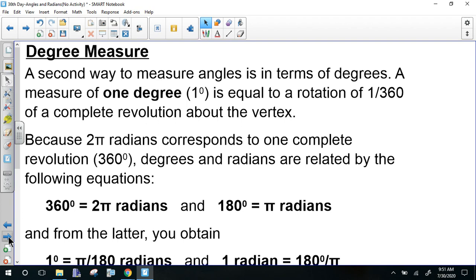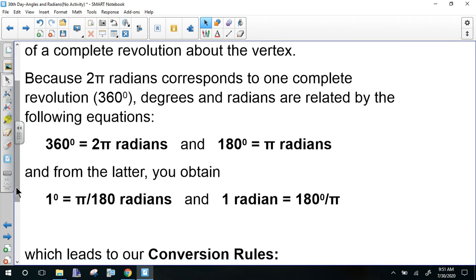Since 2 pi radians corresponds to 1 complete revolution of 360 degrees, degrees and radians are related. And they're related by these two equations here. 360 degrees equals 2 pi radians. 180 degrees equals pi radians. Hence, 180 is half of 360. 1 pi is half of 2 pi.